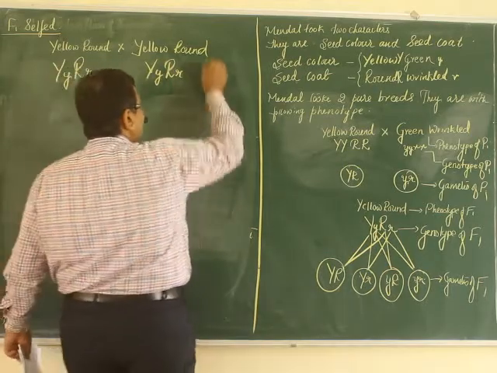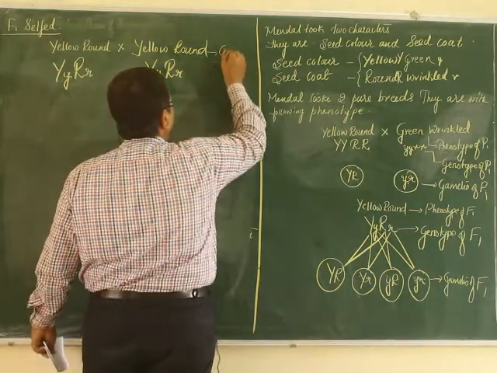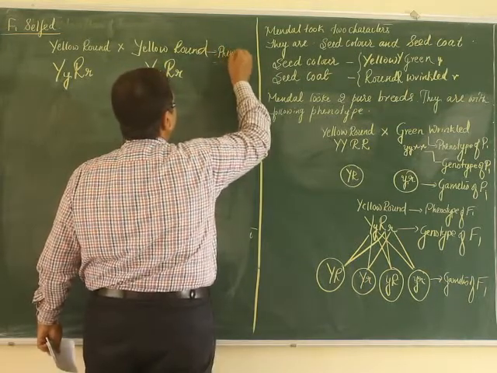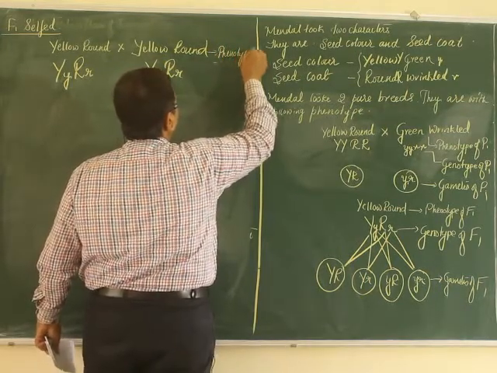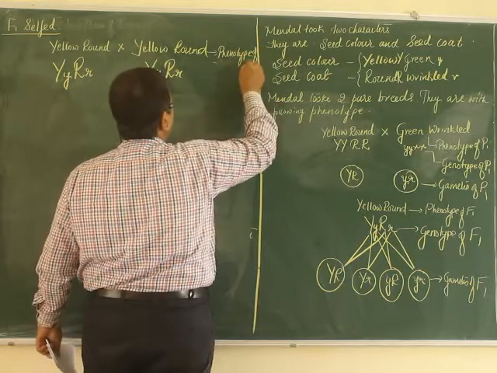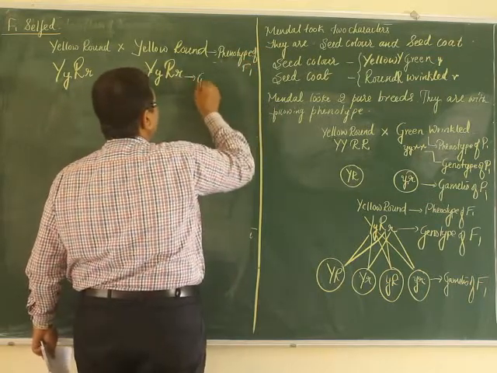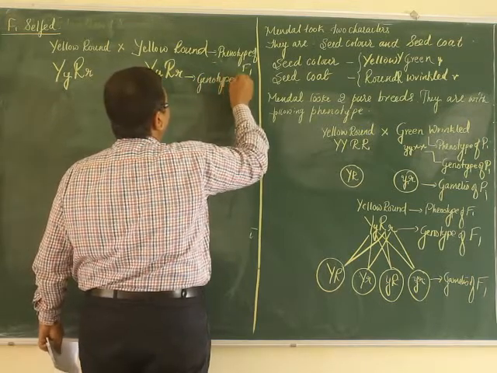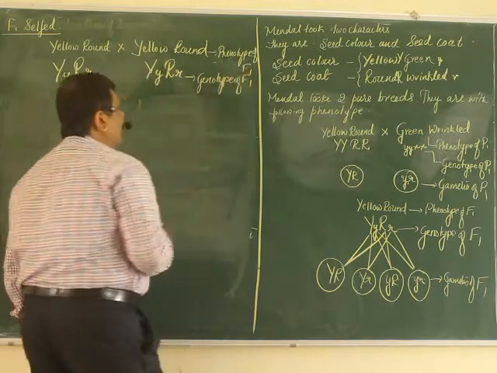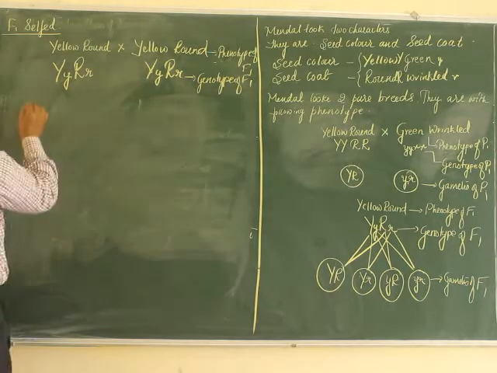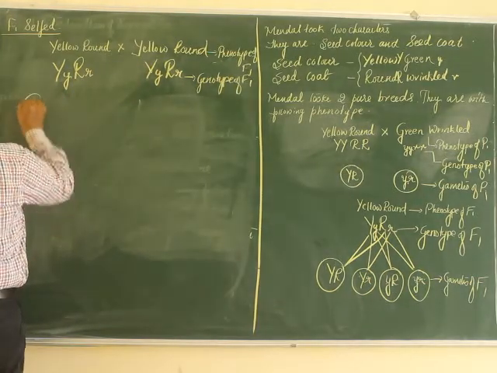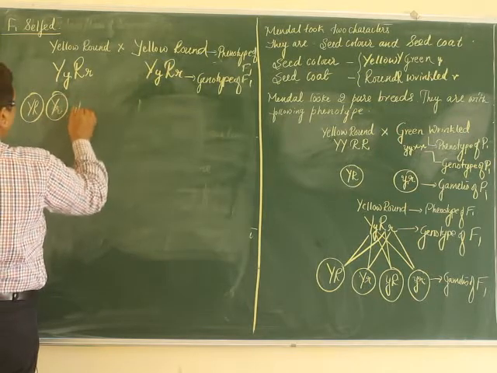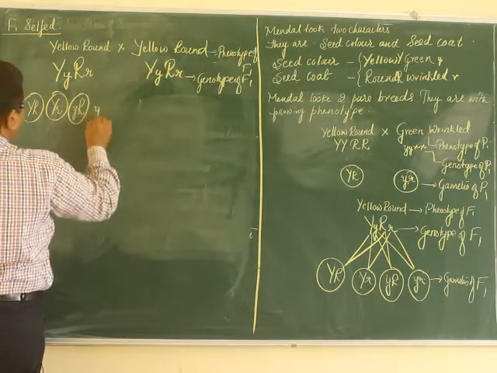So, I can write it as phenotype of F1. This is genotype of F1. I already told you 4 types of gametes are formed: capital Y capital R, capital Y small r, small y capital R, small y small r.